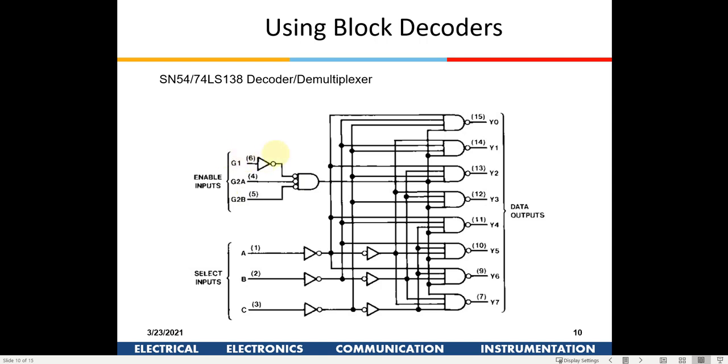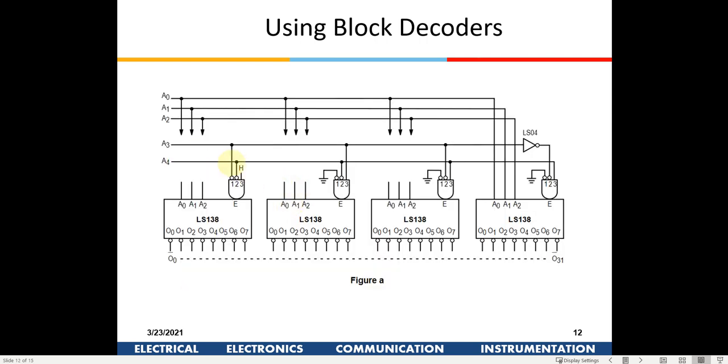This whole thing is available internally in the chip. These pins are available, so if we give the appropriate signals to these pins, we can configure it in this manner to generate a 5-bit input and 32-bit output.